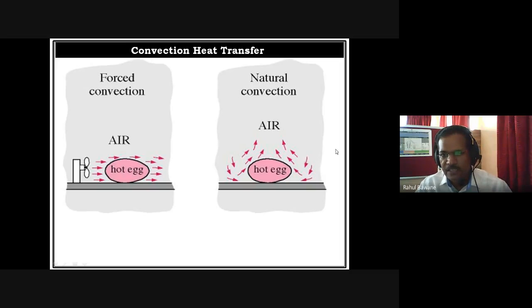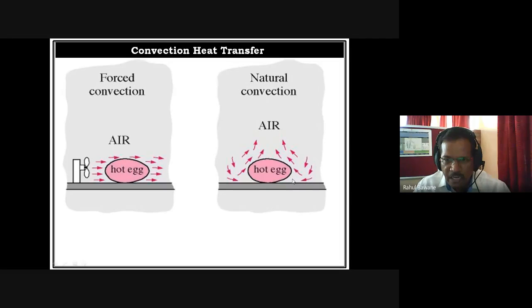So here, as seen in the picture, in natural convection, suppose a hot egg is kept in room air. The room air will come in contact with this hot egg, then its density decreases, and the low density air will flow upward, and the vacant space will be replaced by surrounding high density air.